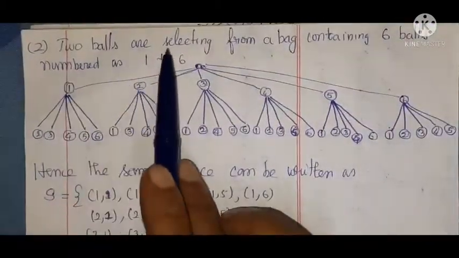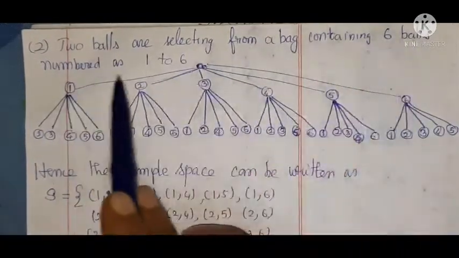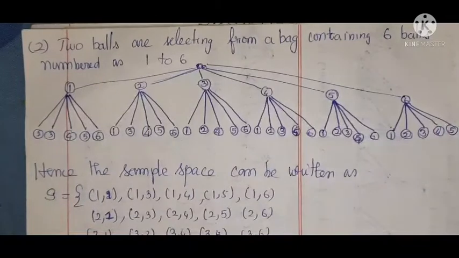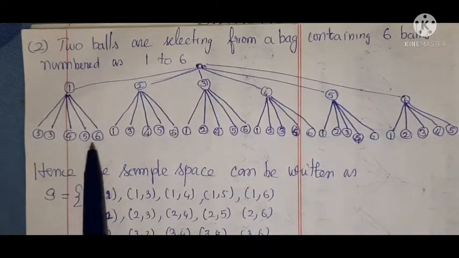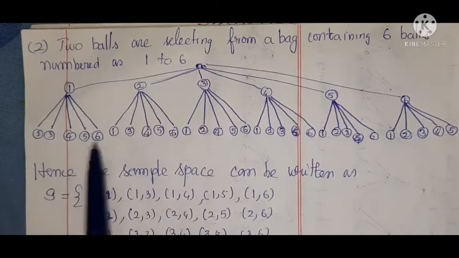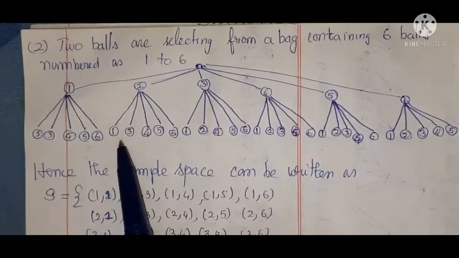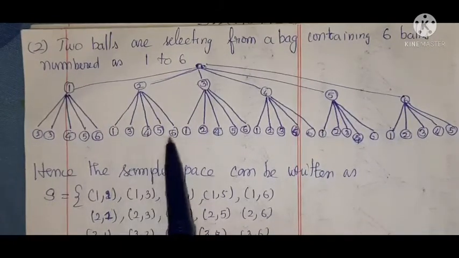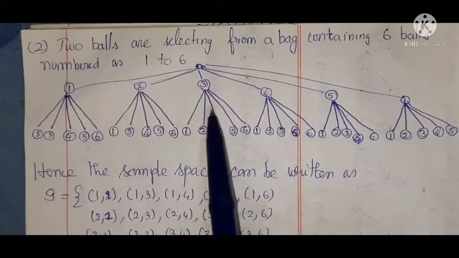2 balls are selected from a bag containing 6 balls numbered 1 to 6. You select the first ball, number 1. The second ball may be any one of the 5 numbers 2, 3, 4, 5 and 6. The first ball is 2. The second ball is any one of the 5 numbers 1, 3, 4, 5, 6.